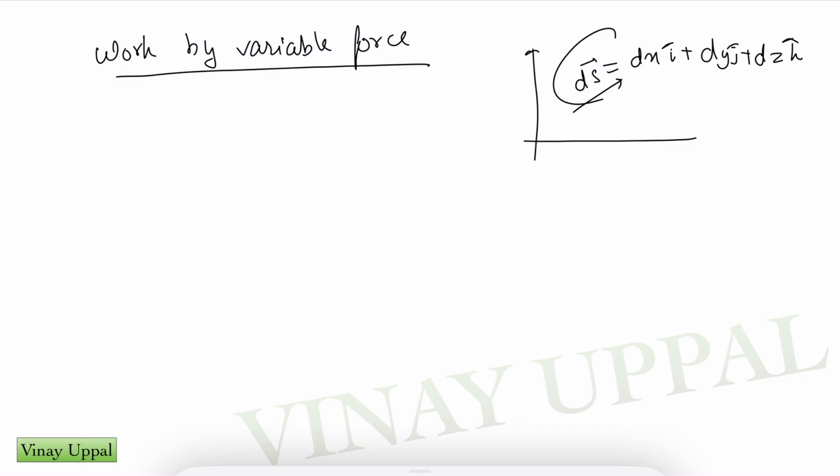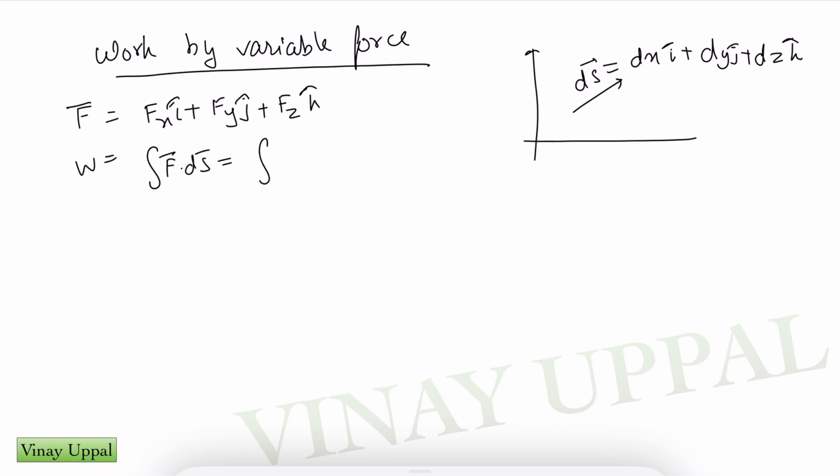So when I have my force as fx i cap plus fy j cap plus fz k cap, I can calculate the work done as integral F dot ds. That will be integral of fx dx plus fy dy plus fz dz. So this is a general situation. Let's look at an example on this.